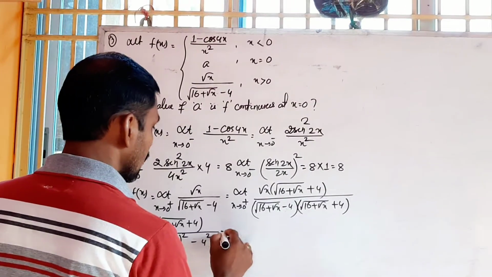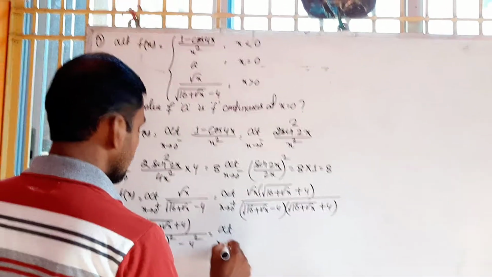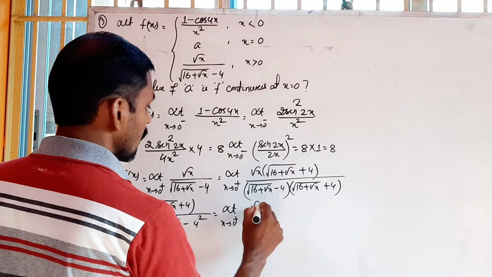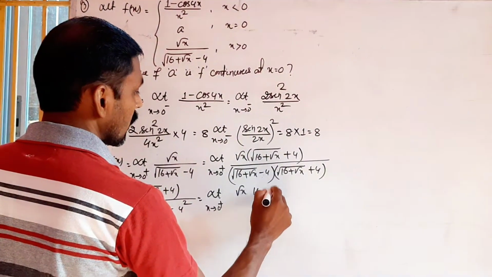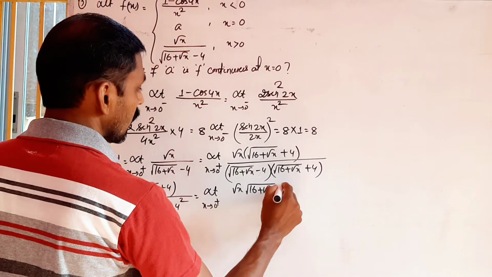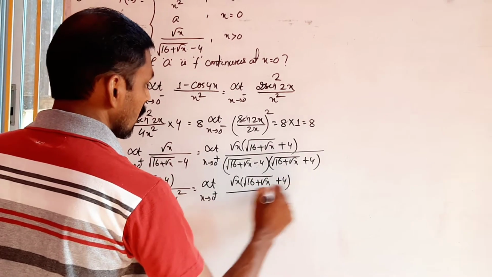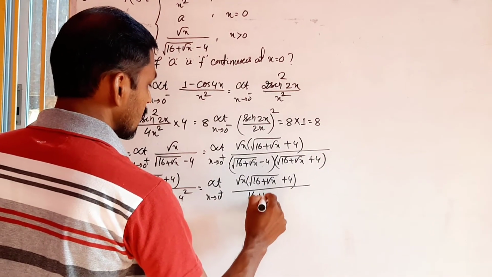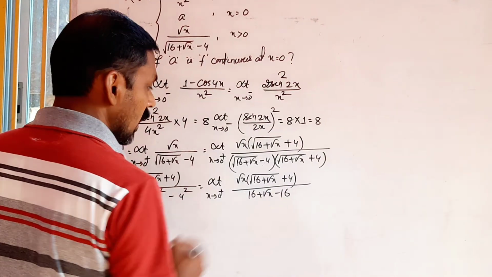So this is equal to limit x tends to 0 plus of root x into 16 plus root x whole root over plus 4 by it is 16 plus root x minus 16.